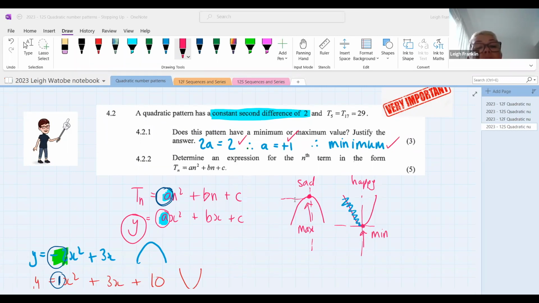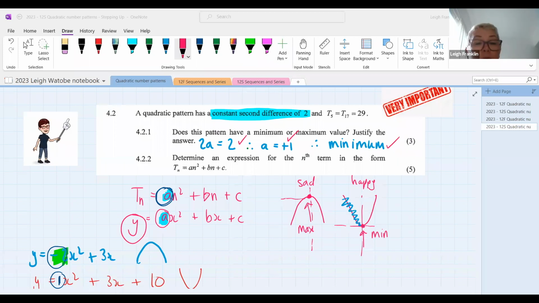We only need the first bit. And this is why your theory is so important. You have to study the theory and know the rules, because without that, you're not going to know which bits of information are important to be able to answer which questions. So you've got to keep practicing this.